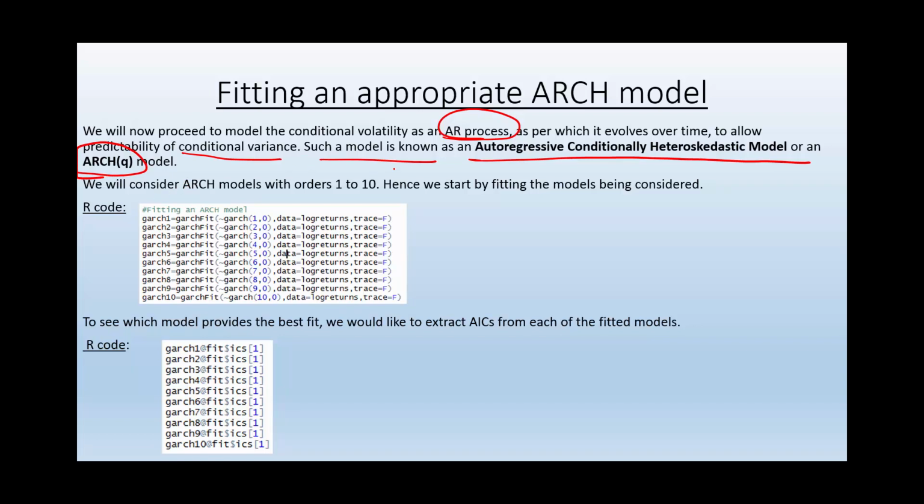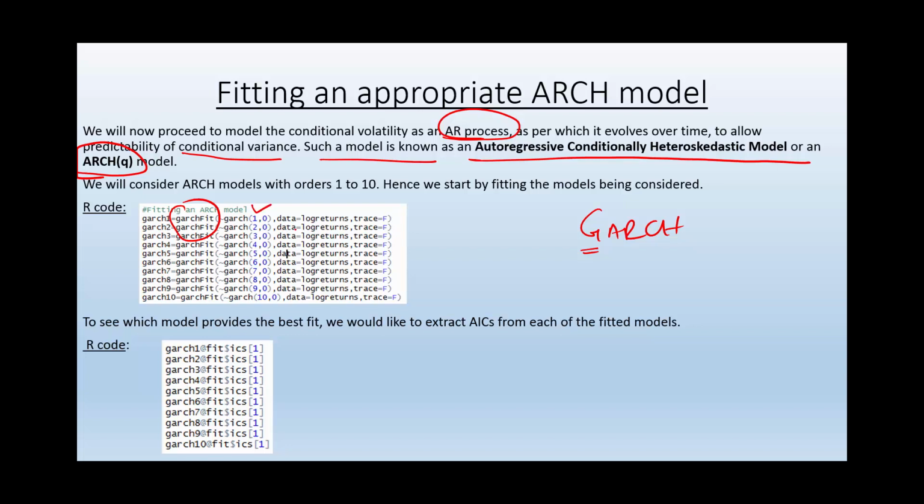So ARCH model is just a subset of GARCH model. ARCH and GARCH are basically the same, except GARCH has 2 terms, ARCH has 1 term. So when you put the second term as 0 in GARCH, that means it is ARCH. So here we use GARCH fit, and you see the right-hand side is always 0. That means it is an ARCH model.